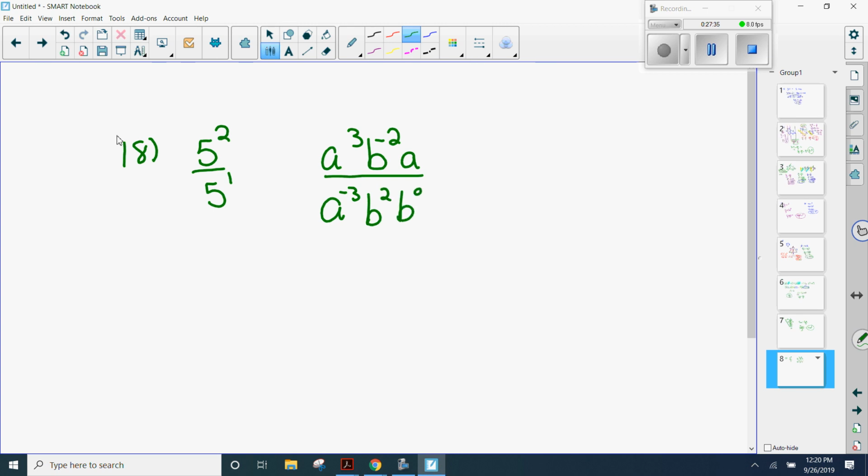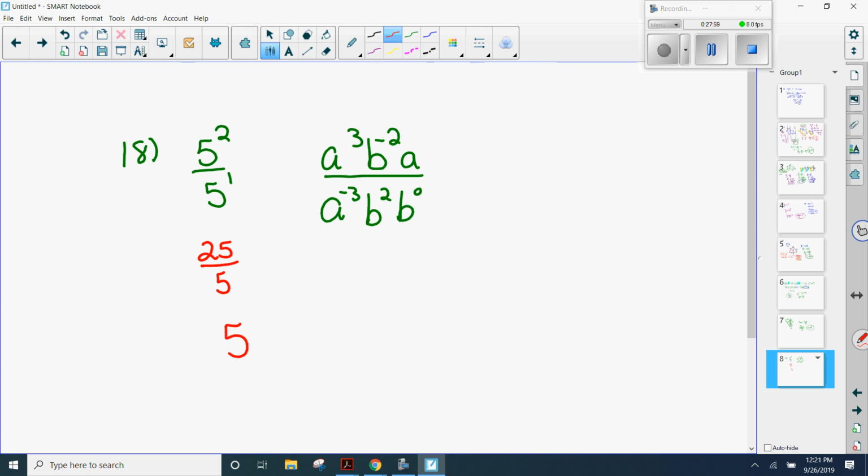I know that's 1 fraction. But the way I like to attack these problems, where you have the numbers and the variables involved, is I just work with the numbers separately. Those are all positive exponents, so calculate it. 5 squared is 25. 5 to the first is 5. 25 divided by 5 is 5. So in my answer, I'm going to have the number 5 involved.